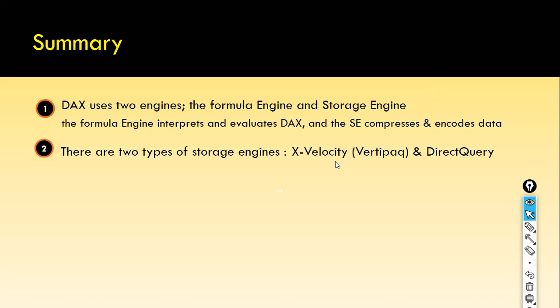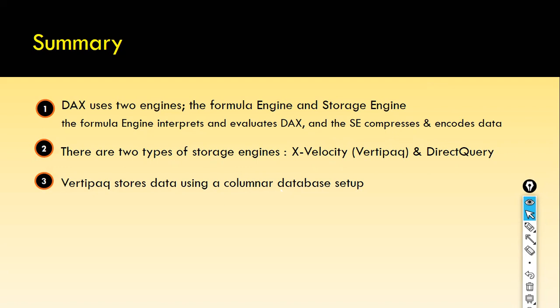X-Velocity engine gets kicked in when you use any data in the import storage mode. And in the case of direct query mode, the storage engine also comes into picture. Vertipack or the X-Velocity is used for in-memory storage, and the direct query is for direct connections to external sources. Both create data caches and send them to your formula engine for DAX query evaluation.